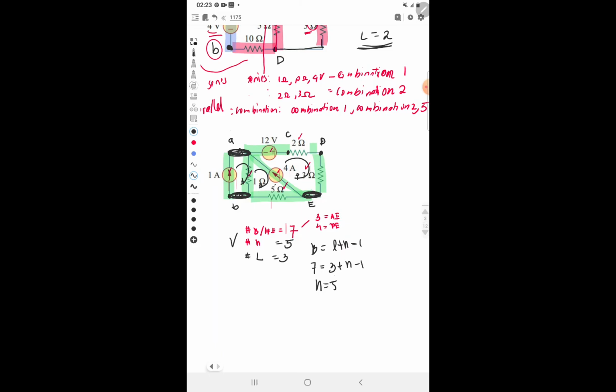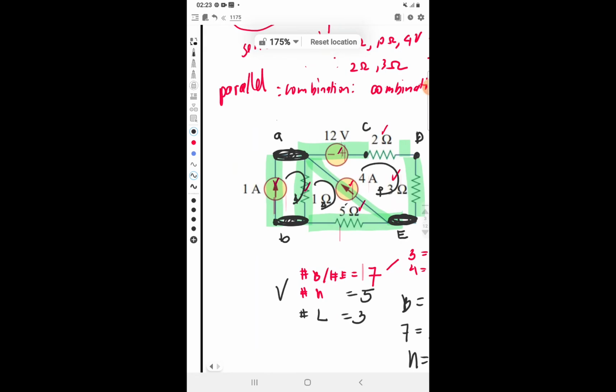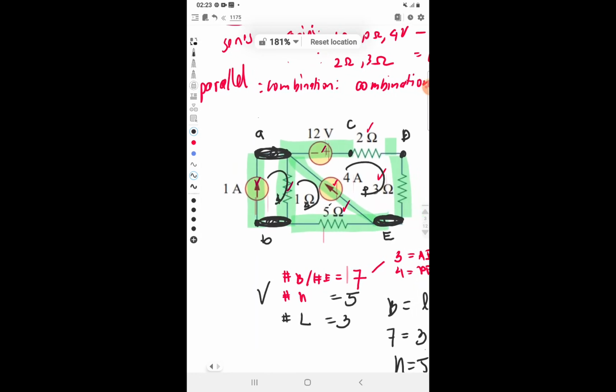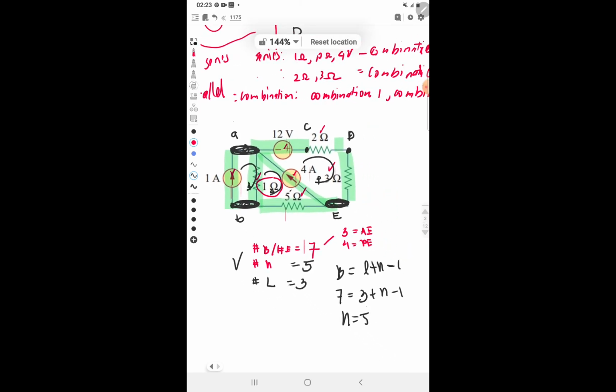So let's evaluate. So from here, you can see that our 1 ohm is connected in parallel with our 1 ampere because they share 2 common nodes with each terminal of the passive element.